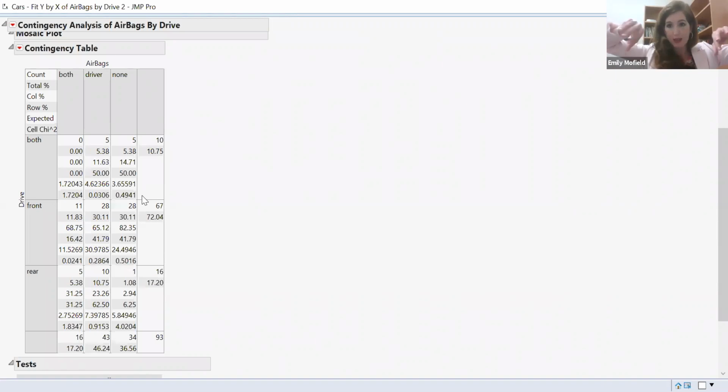All right, so I'm thinking about the tails. So I'm really looking for 1.96. It's probably going to be positive. If it's bigger than that, then that's where the specific association is.